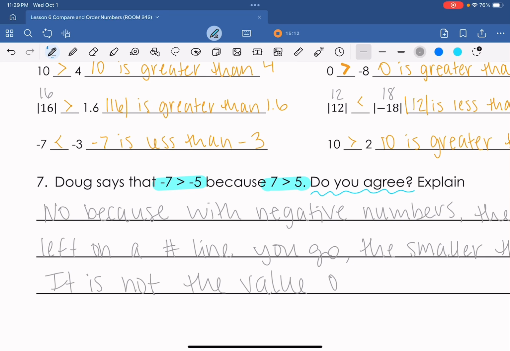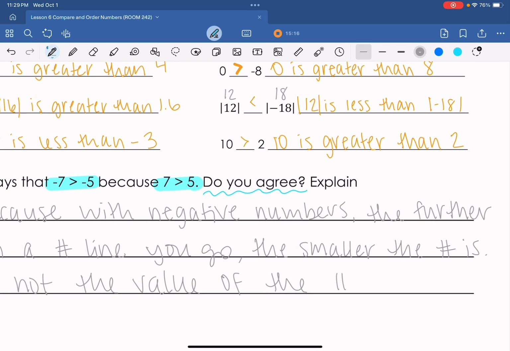And what I mean by that is that in positive world, 7 is more than 5. But in the negative world, just because 7 is a larger number on the positive side doesn't mean that it will be the larger number on the negative side. Okay? So this completes the independent practice on your own.